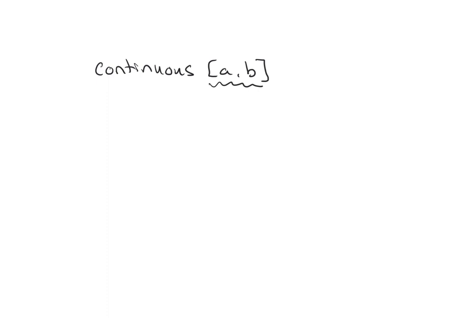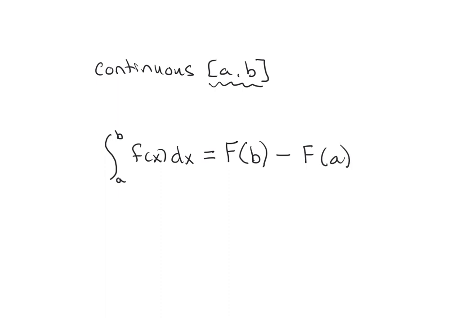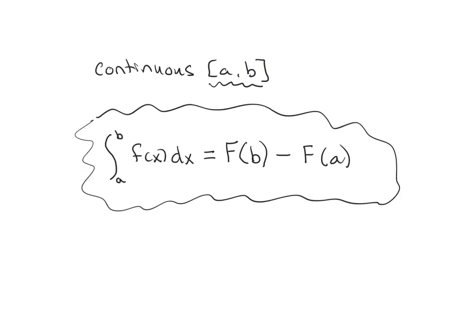So I have the integral from a to b of a function. It is equal to the antiderivative evaluated at b minus the antiderivative evaluated at a. So once you start learning antiderivatives, you no longer have to do those Riemann sums.